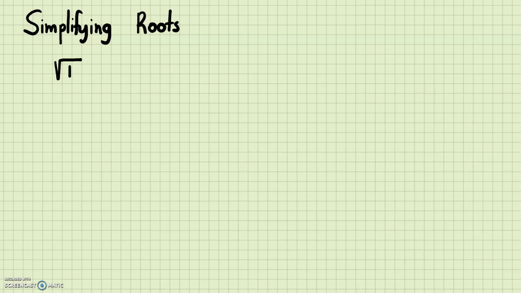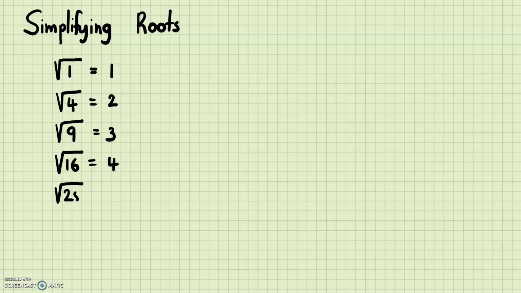So, for example, square root of 1 equals 1. Square root of 4 equals 2. Square root of 9 equals 3. Square root of 16 equals 4. Square root of 25 equals 5.